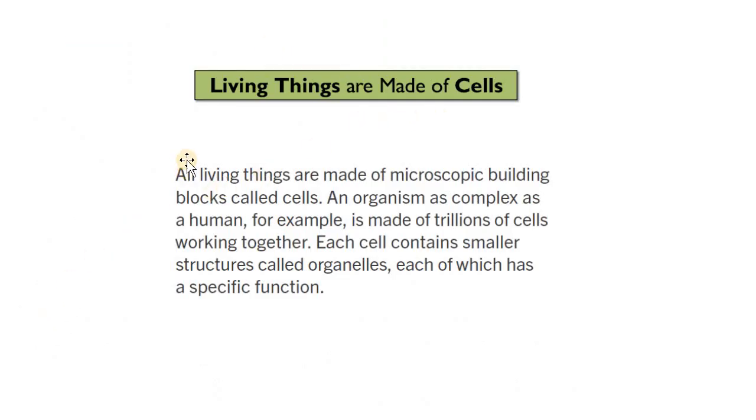What is that? Basically, the very idea that all living things are made up of microscopic building blocks, which are cells. So this is basically the cell theory. And students, this is very important. Well, you see, an organism, say as complex as a human being, is also made up of trillions of cells.